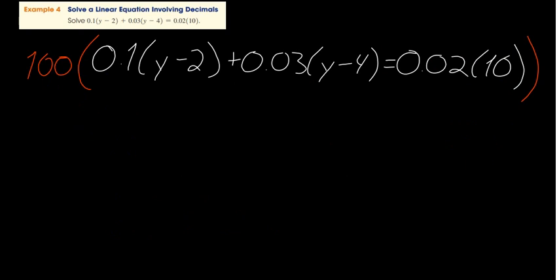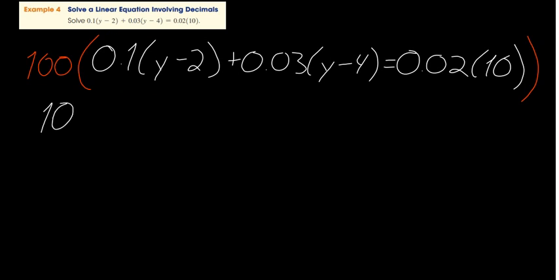So I said all that to say this. I'm going to distribute here through to this first term, but realistically the one I'm going to be looking at is just that 0.1, because it's 100 times 0.1 times y minus 2. I tend to over-explain things sometimes, and that might be one of those cases.